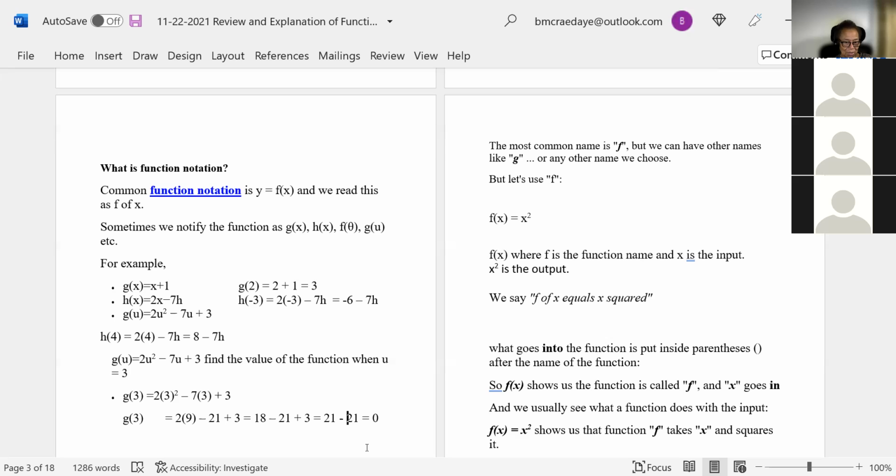The output is the dependent. What you see over here is dependent, like your Y, right? That's dependent upon what you have over here on the right. So think of it like Y and X. The Y is output, the X is input, except your Y here is your G of u.